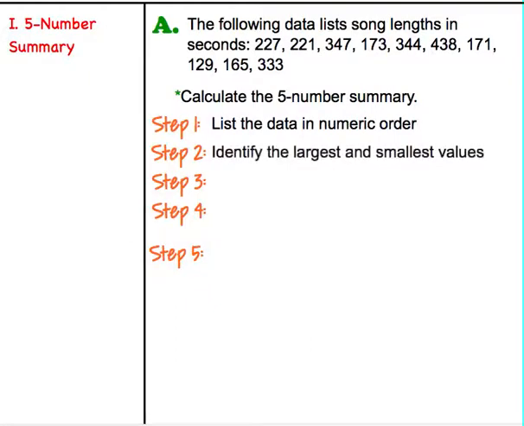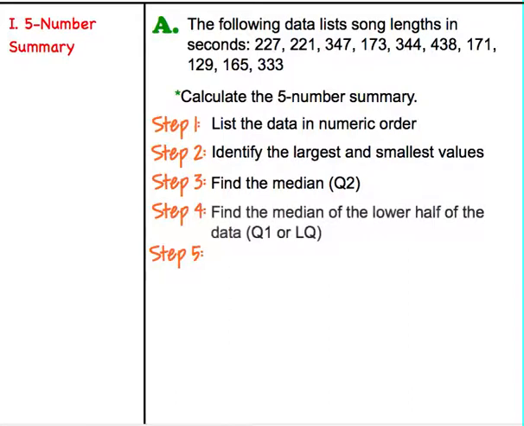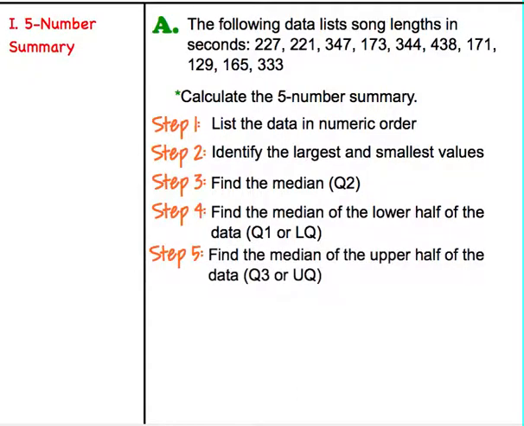The second piece is going to be identifying the largest and smallest values. Then we're going to find the median of the entire data set. Then we're going to find the median of the lower half, which is the first quartile, or the lower quartile. And then lastly, we will find the median of the upper half of the data set, which is the third quartile, or upper quartile.